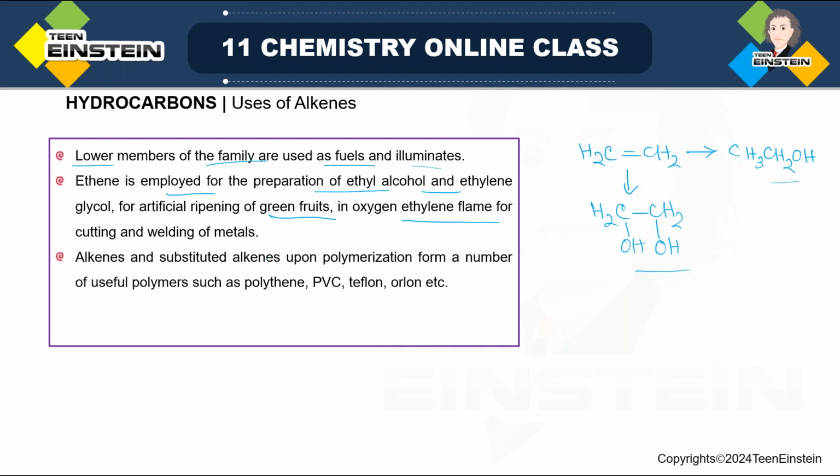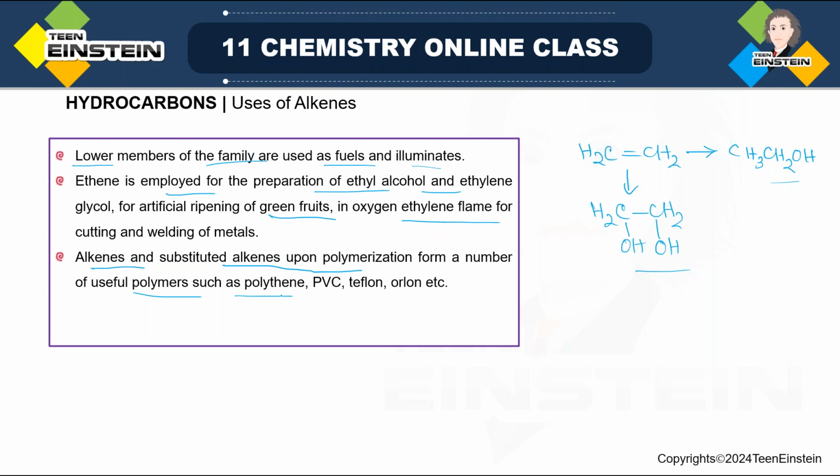Then in general, if we talk about alkenes and substituted alkenes, they can be used as the starting material for polymerization. That means the individual molecules will be the monomers in the formation of polymers, and they can form a number of useful polymers. For example, the preparation of polythene, which we start from CH2 double bond CH2, that is C2H4.